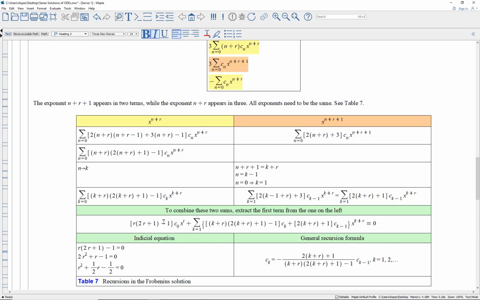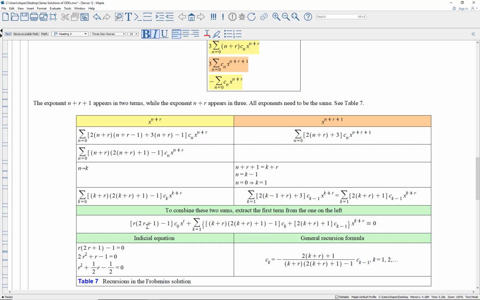That term, the k equals 0 term, is this. K equals 0, you're going to get an r. You're going to get a 2 times r plus 1. But there's a 2. There's a minus 1.